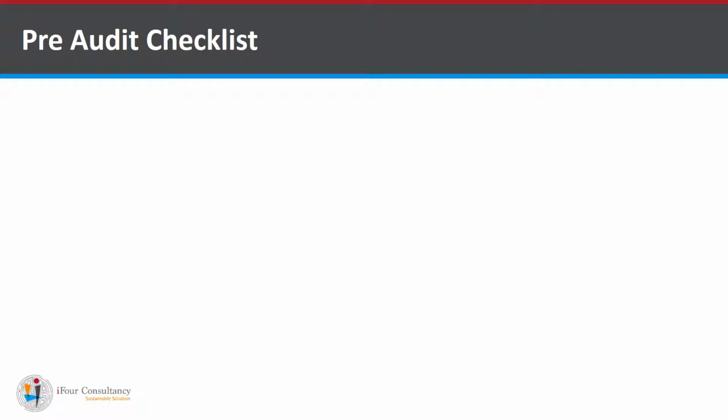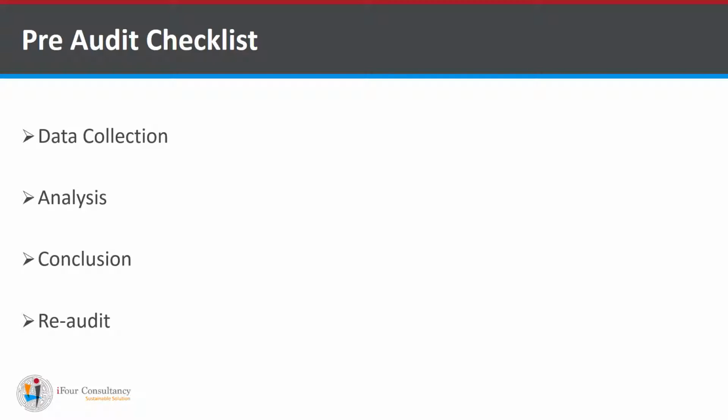A few more things need to be considered while making the checklist during the pre-audit stage. Data collection: in this section, we need to identify what data has to be collected. If information has been collected, is it done accurately and completely? Is there some information missed while making the audit?